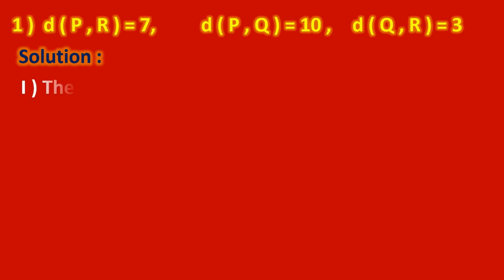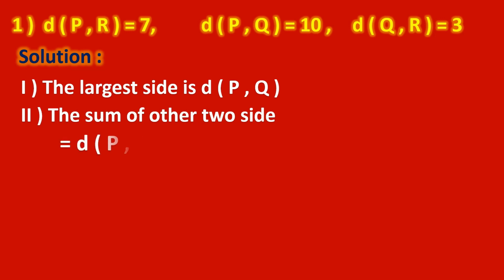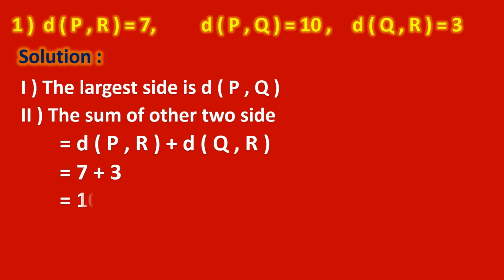Solution. First, we will write the largest side. Here the largest side in all of the 3 is distance PQ. So the largest side is distance PQ. And then the second point, we will take the sum of other two sides, that is distance PR and QR. That means the sum of 7 and 3, which is 10.